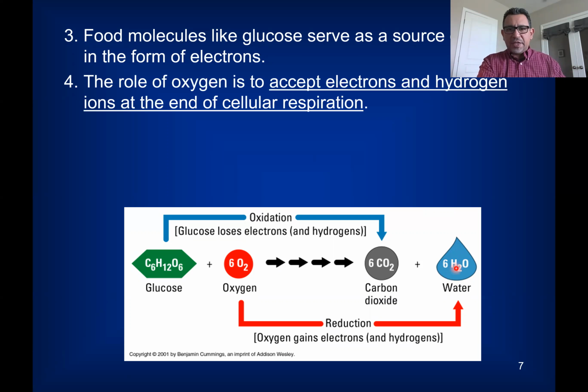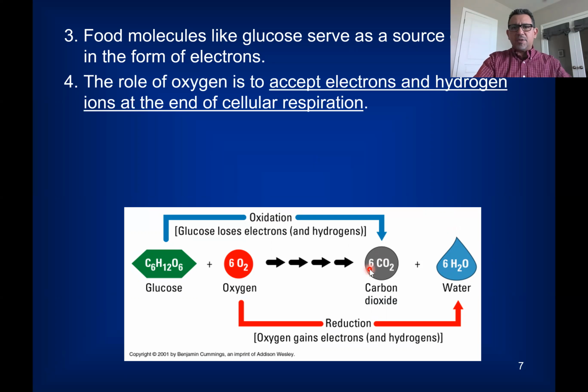Although water is seen in this equation as a byproduct, something that is not part of the ultimate energy-rich ATP molecule, this water is important in an organism and it serves as a form of metabolic water for other activities a cell must perform. So it can be called a byproduct because it's not a source of energy, but at the same time, this is going to be a material that is being recycled and reused in the cell.